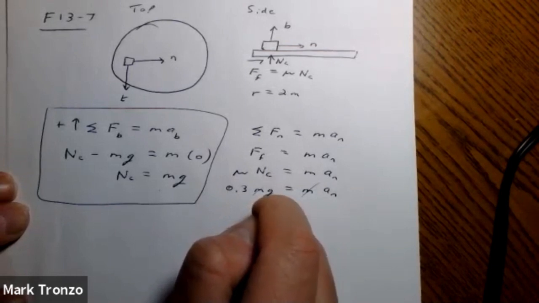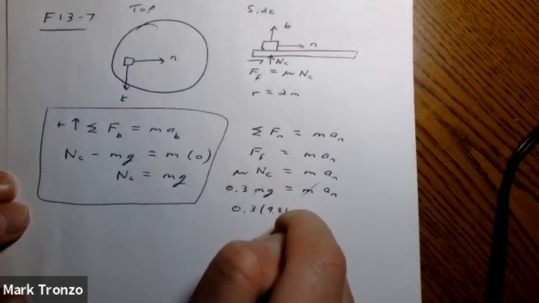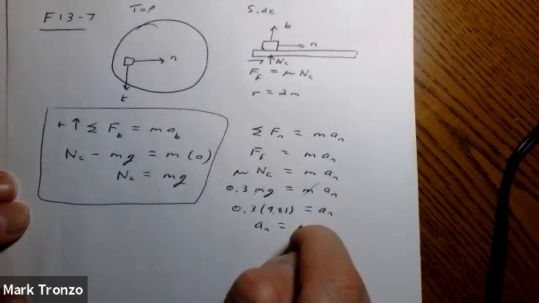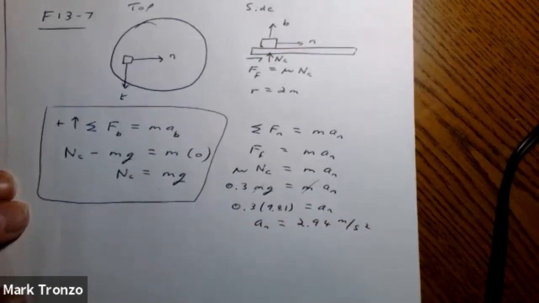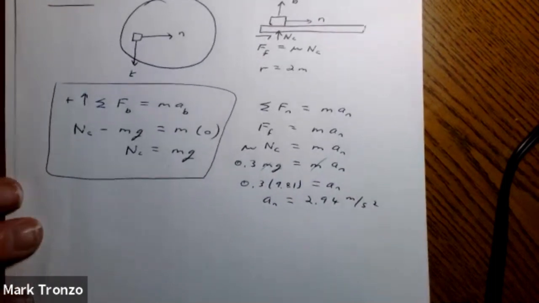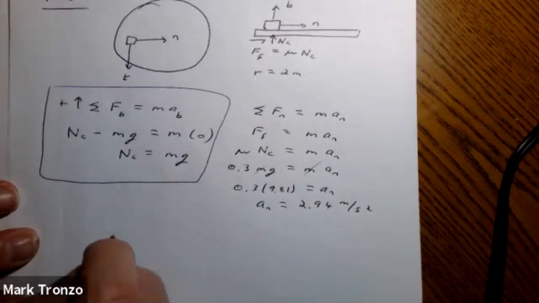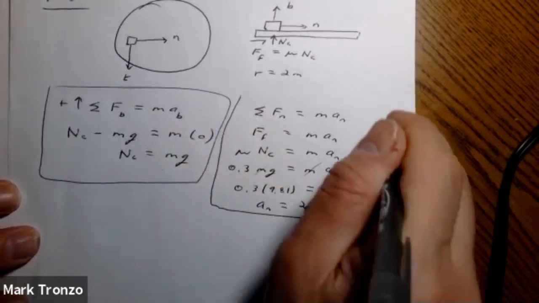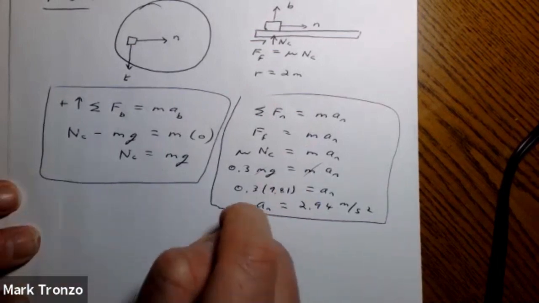And if we use 9.81 for g, then a_n is going to be 2.94 meters per second squared. So in other words, this is the greatest normal acceleration that we can have to keep the block from slipping. So let's note that.